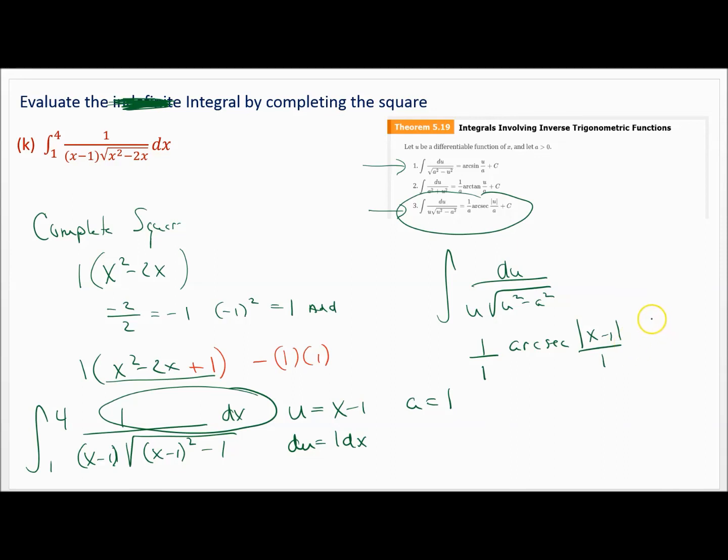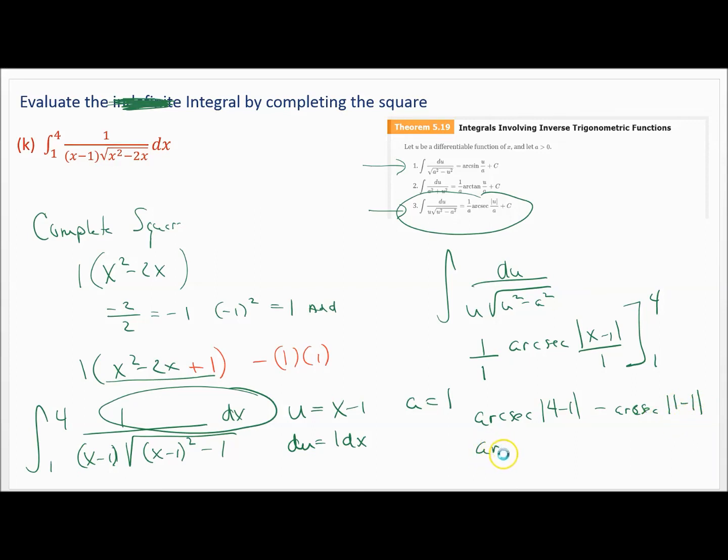Now we don't add plus c because we have a definite integral from 1 to 4. So I'm going to plug in 4 first. Of course, this is just 1, so I have arcsecant of absolute value of 4 minus 1 minus the arcsecant of the absolute value of 1 minus 1 over 1.